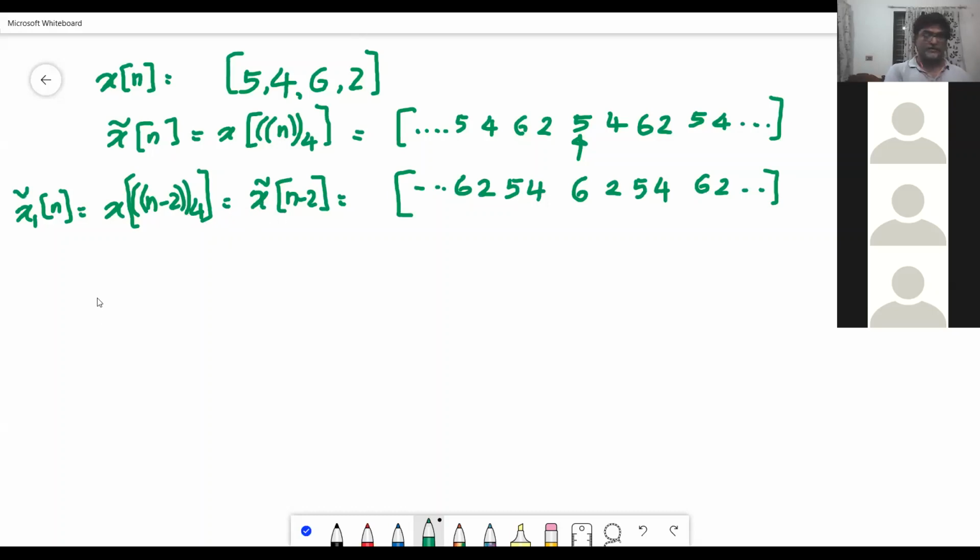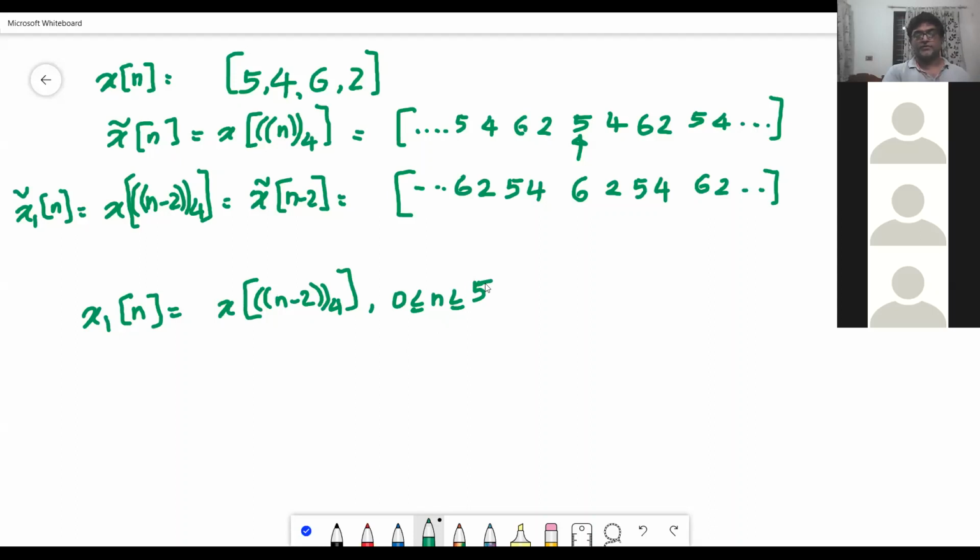How will I write this? One cycle of this. I will call this new sequence x1 of n, which is equal to x of n minus 2 modulo 4, for 0 less than or equal to n less than or equal to N minus 1, which is 3 here.